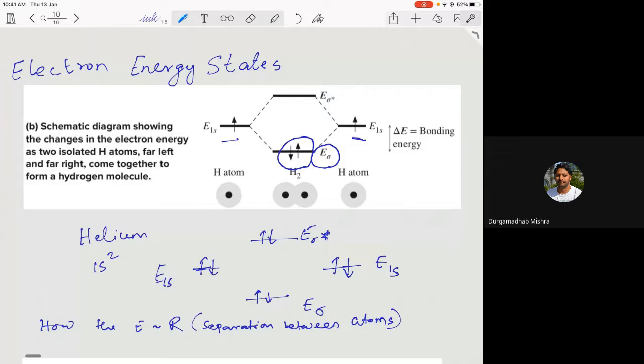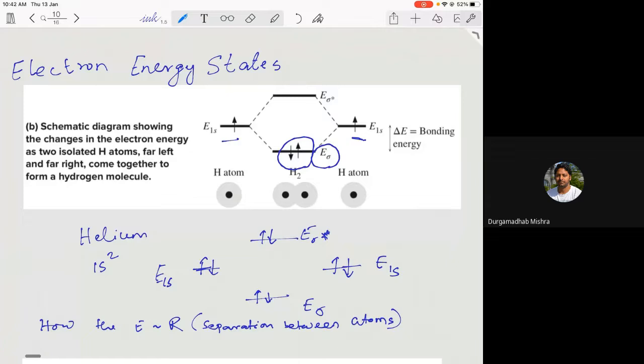So how does this picture look? The picture we have shown here is when the condition is favorable for a molecule to form. That means you have an equilibrium separation between the atoms, and that leads to the formation of this molecular orbital, and you have a molecule that has formed in case of hydrogen.